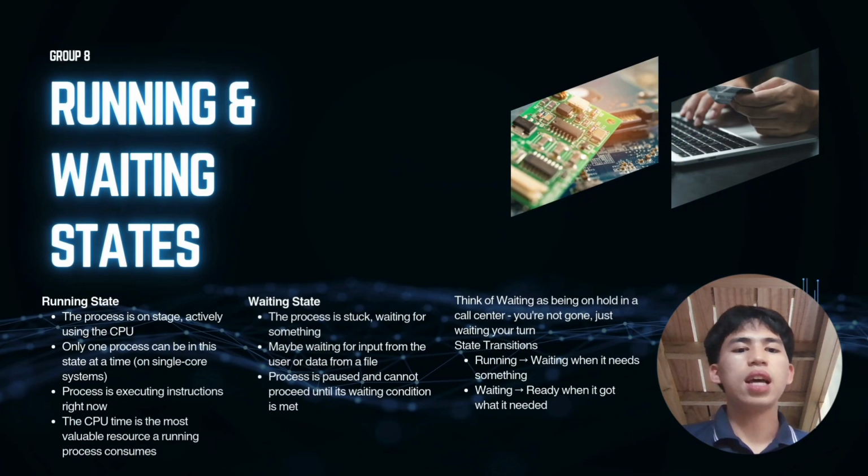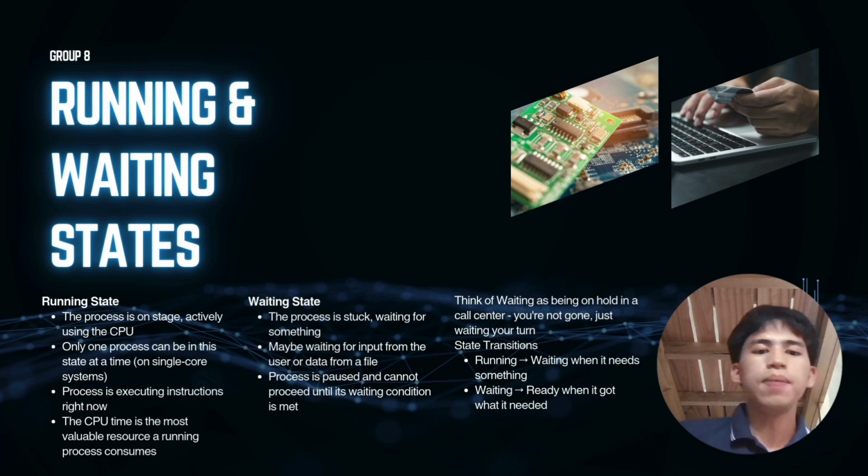Now, let's check out the running and waiting states. When a process is running, it's using the CPU right now. This is when it's actually doing the work, executing instructions. CPU time is super valuable at this point. But sometimes, a process needs to wait for something.